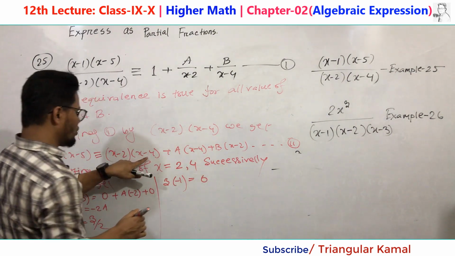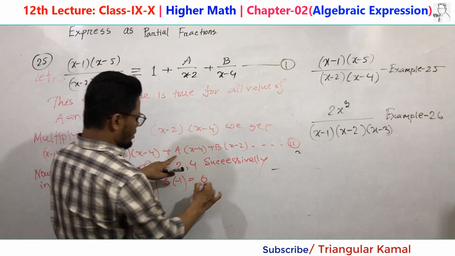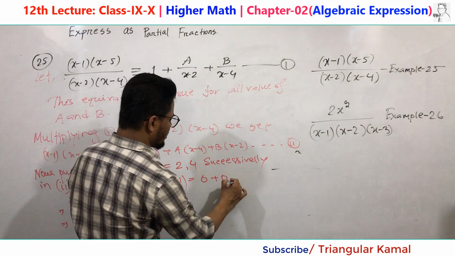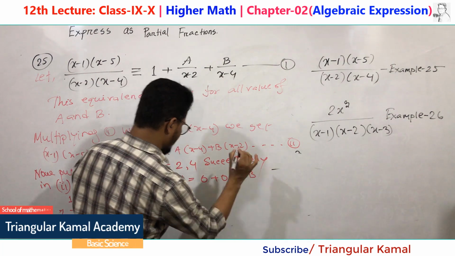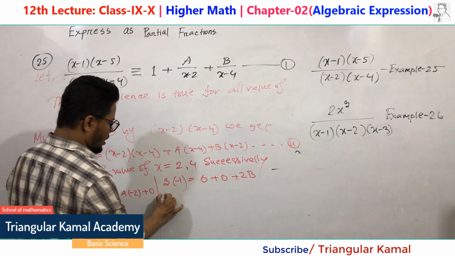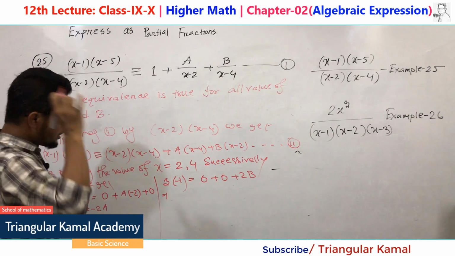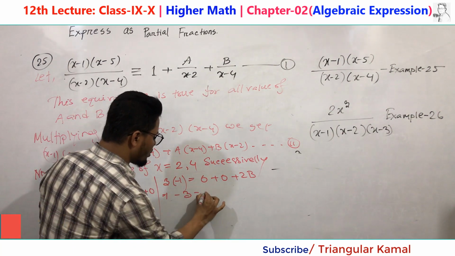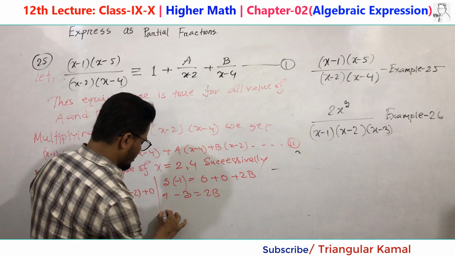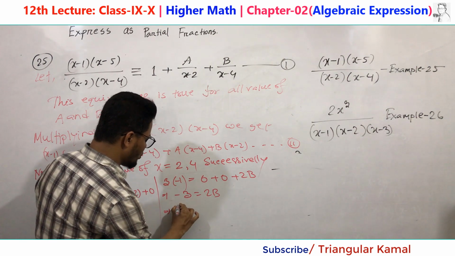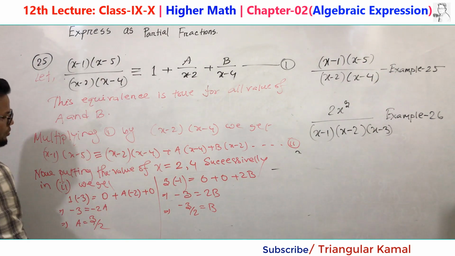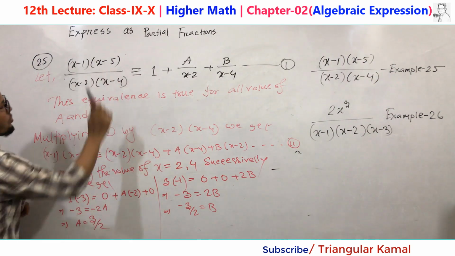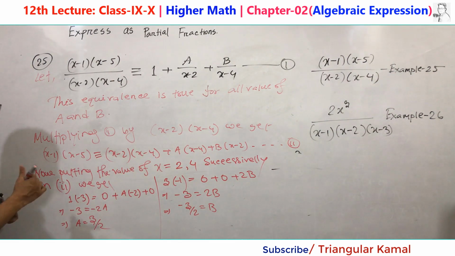This one will be 0, 0 multiplied with this, A also will be 0, and 4 minus 2 you will get here twice B. So now this one will be minus 3 equal to twice B. So divide both sides by 2, minus 3 divided by 2 equals B. So finally put the value of A and B in equation number 1, and you will get the final result.